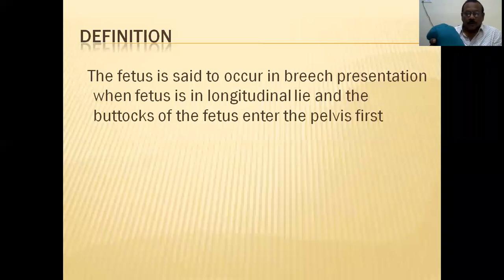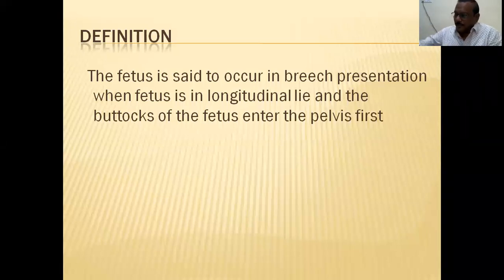The most common position in breech presentation is the left sacroanterior position. The sacrum lies in the left, facing the left side of the pelvis. The denominator in breech presentation is the sacrum, as in cephalic presentation, the occiput is the denominator.